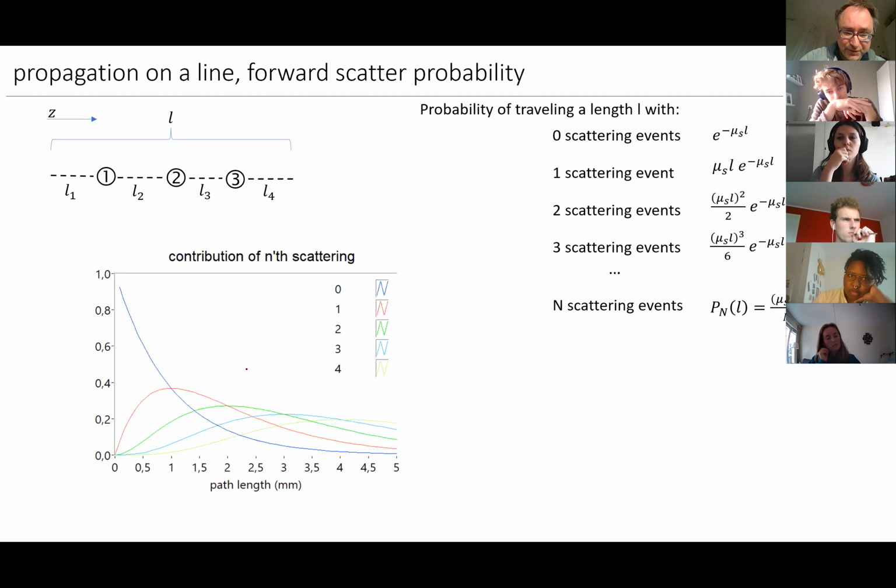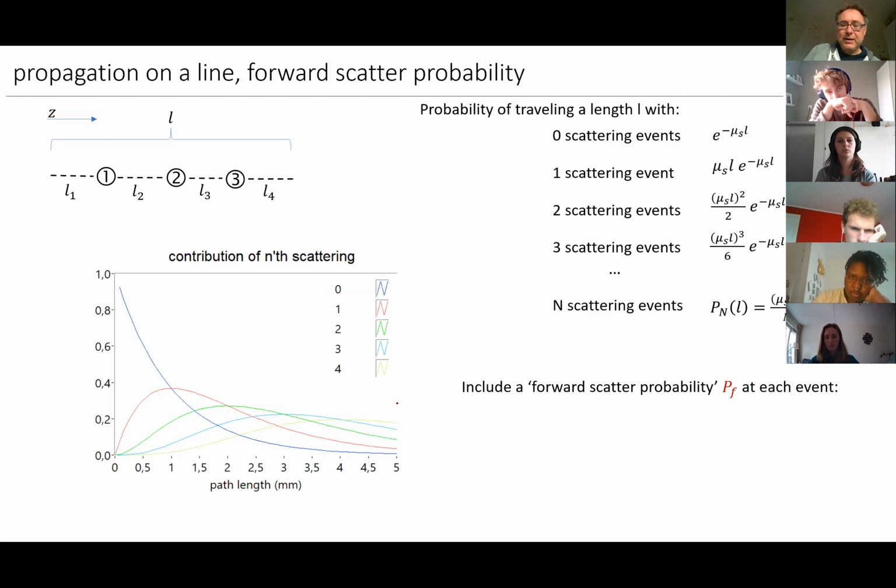In this example, they will have scattered 1 or 2 times. If we go to a longer length, then they have likely scattered more often. That kind of makes sense.